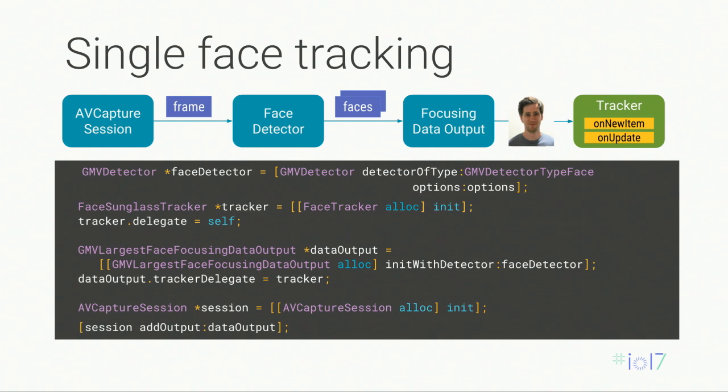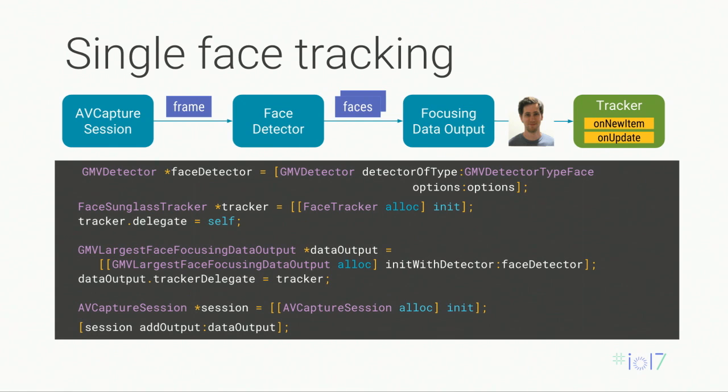The pipeline is the same, except the names of the classes changed. For example, it's a camera source that is responsible for providing frames on Android, but on iOS, it's AV capture session. The face detector is responsible for detecting faces, while the focusing data output is basically a focusing processor. And the tracker is the same, where you put your business logic.